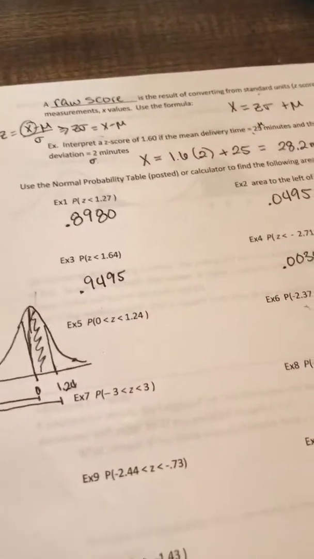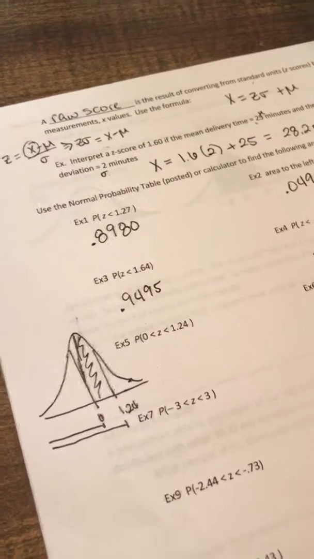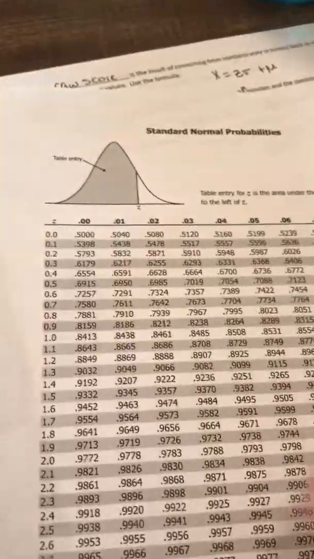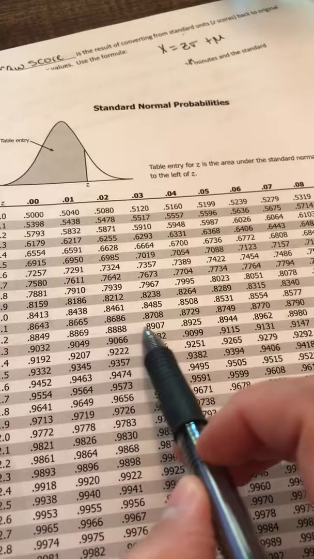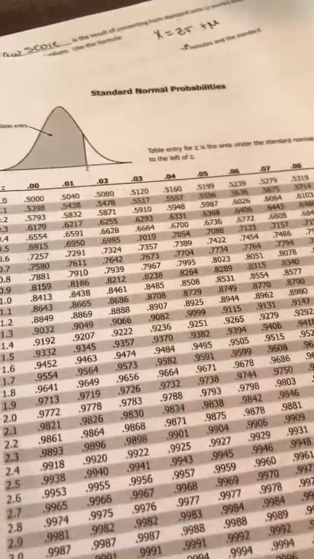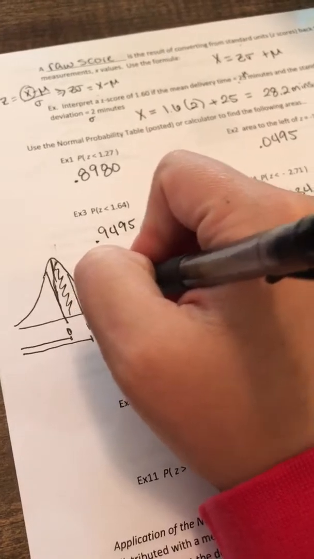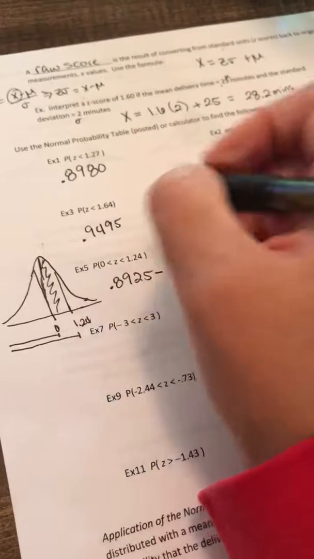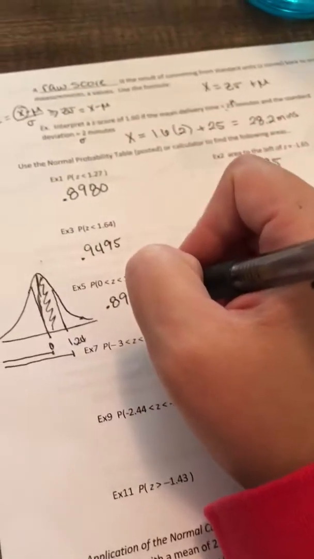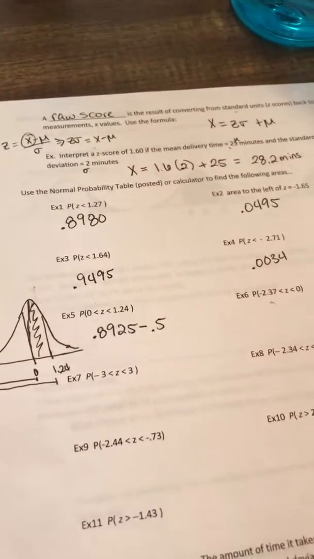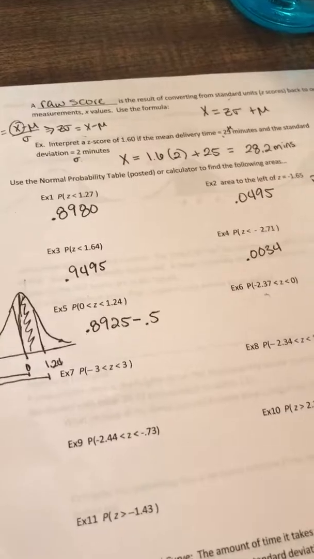So if we go to our chart and do 1.24, we go to 1.2 over to 0.04, 0.8925. Minus to the left of 0. I just said if you cut the chart in half, it's 0.5 and 0.5.